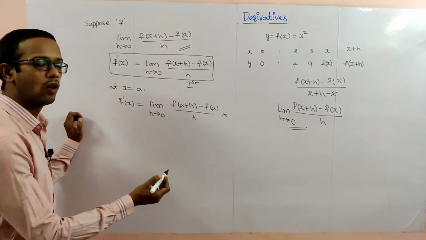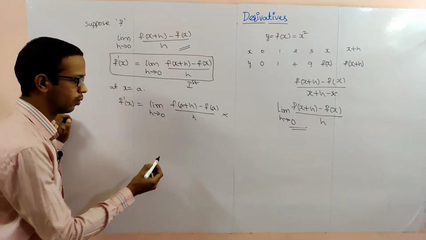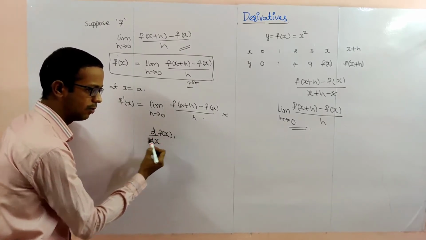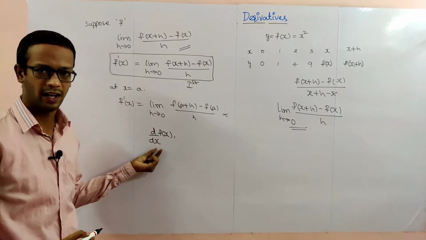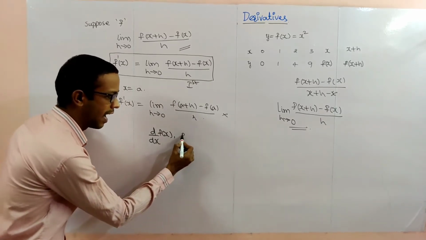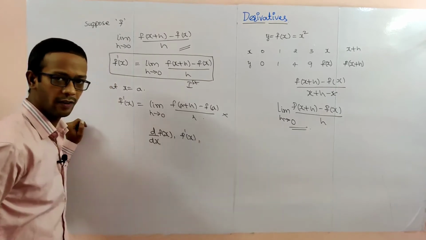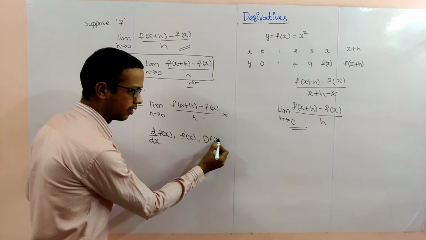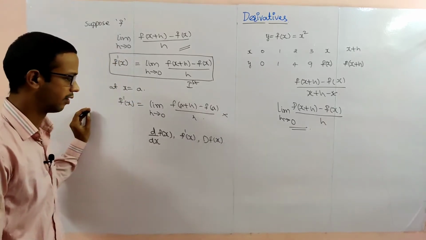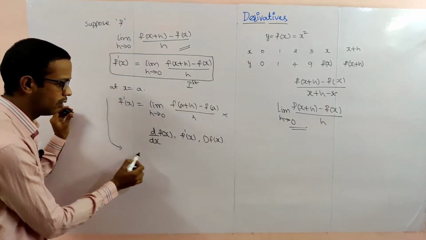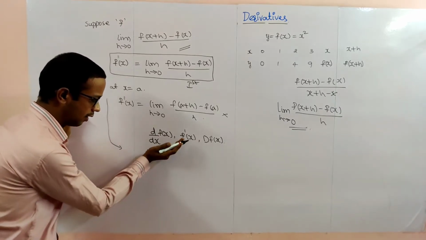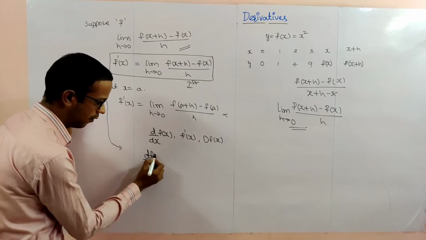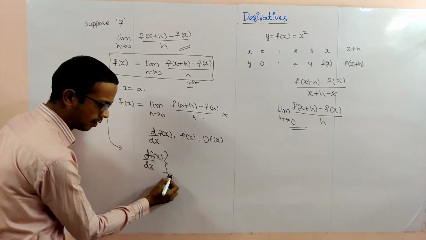And how do we denote the derivative? We can write d by dx of f of x, or f dash of x. Next, capital D f of x we can also write. Next, at x is equal to a, we write d by dx of f of x at x is equal to a.